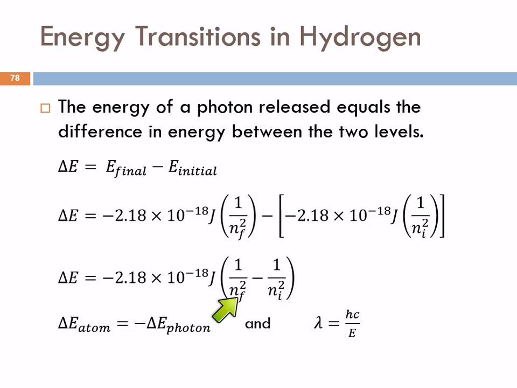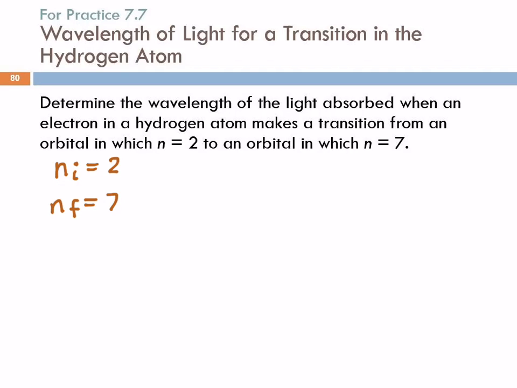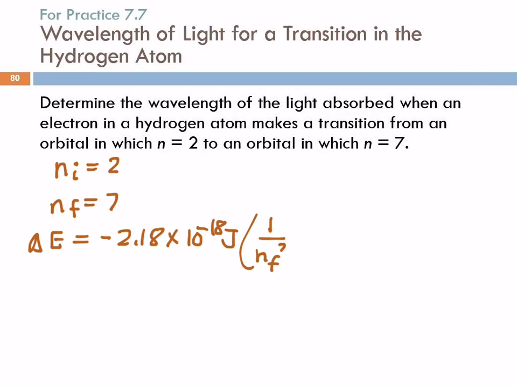Delta E equals negative 2.18 times 10 to the minus 18 joules, times 1 over n final squared minus 1 over n initial squared. So final is 7 squared, and the initial is 2 squared.